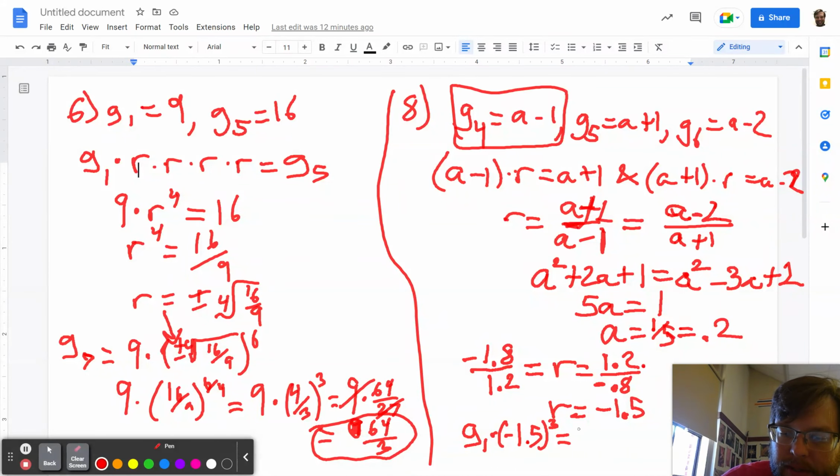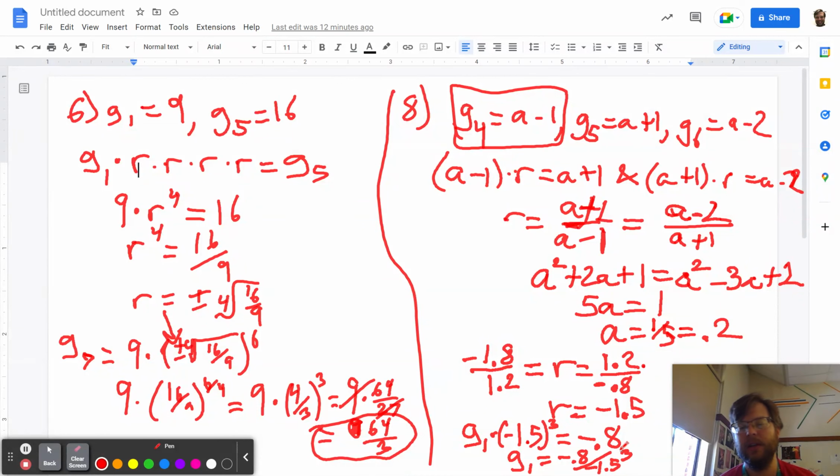So that's going to be 0.2 minus 1, which is negative 0.8. And so then G1 just equals, I'm not going to actually simplify this because you can grab a calculator and just figure out what it comes out to be. Negative 0.8 over negative 1.5 cubed. I guess we could just cancel out the negatives there, and that's the first term.